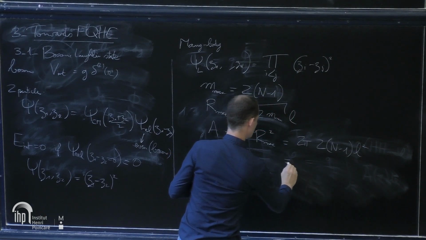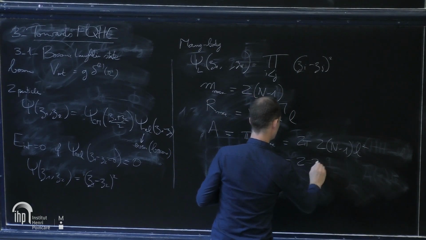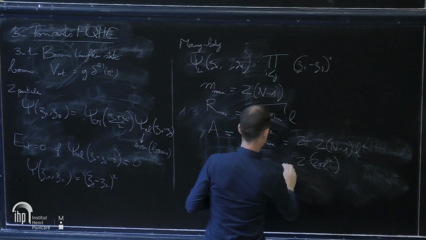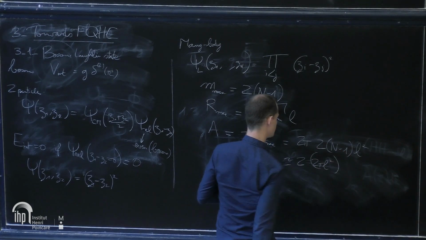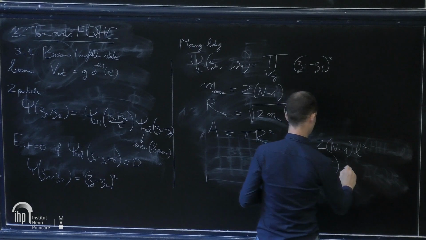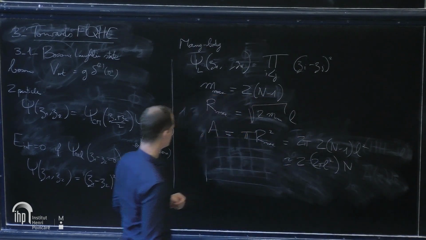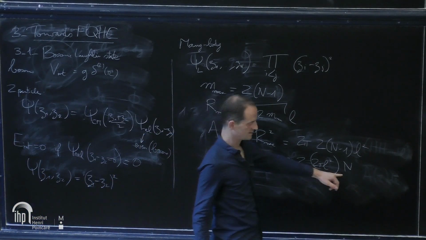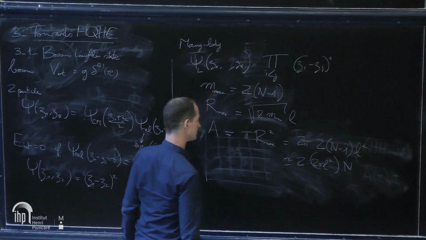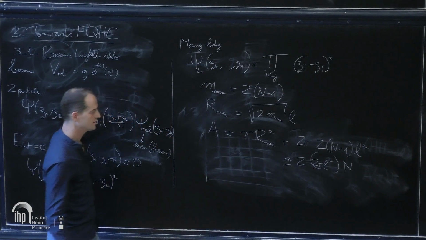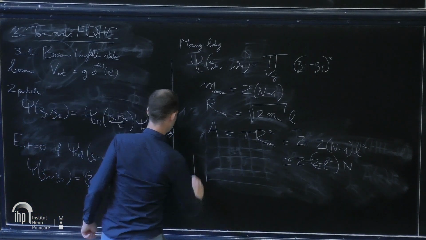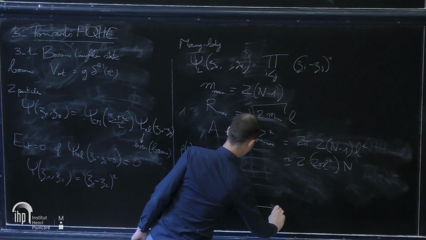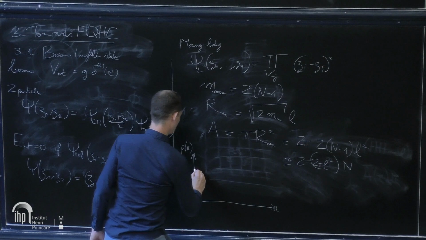That I want to write as 2 times 2 pi L squared times n, and I will discard the minus 1, assuming that n is large. So what we see is that the area scales as n. So it means that it behaves like a liquid of fixed density. And indeed, the density rho of r, as a function of r, is a plateau.